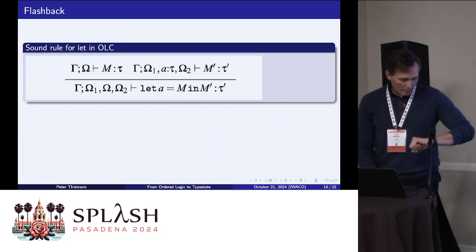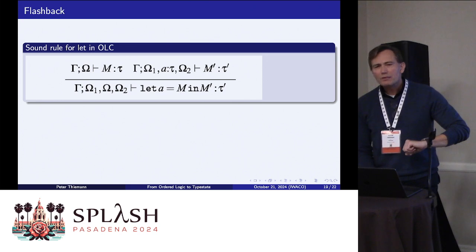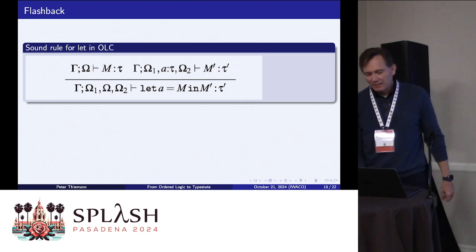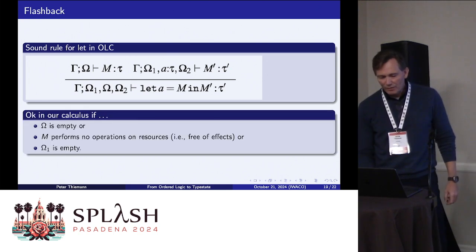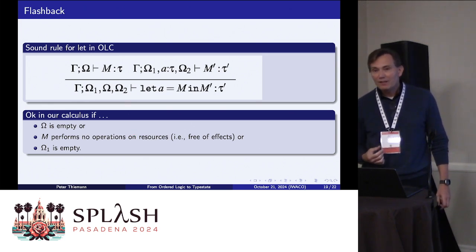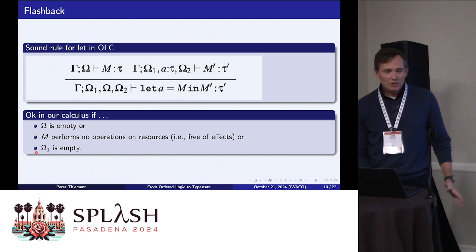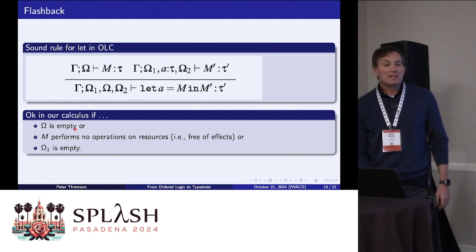Now, I don't really have time to go over the examples again, but I can go over the rule. This rule is actually okay in our calculus if we make some extra assumptions. Namely, there are 3 different ways in which this rule can be okay. The first one is if omega is empty.